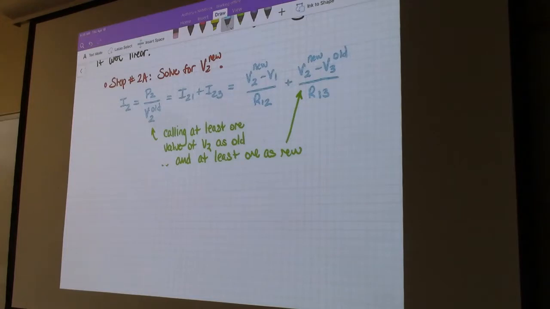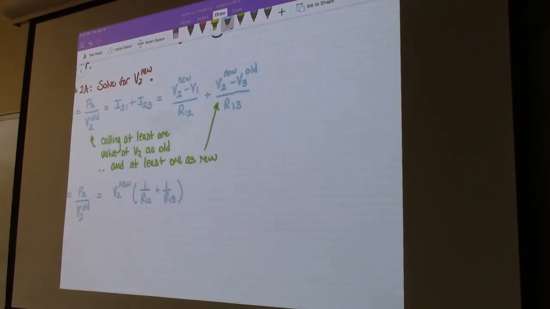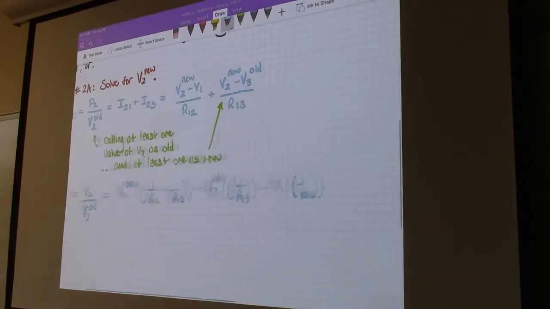So what we will have is, P2 over V2 old is equal to V2 new times 1 over R12 plus 1 over R13, minus V3 old, 1 over R13, minus V1, which is known, 1 over R12.